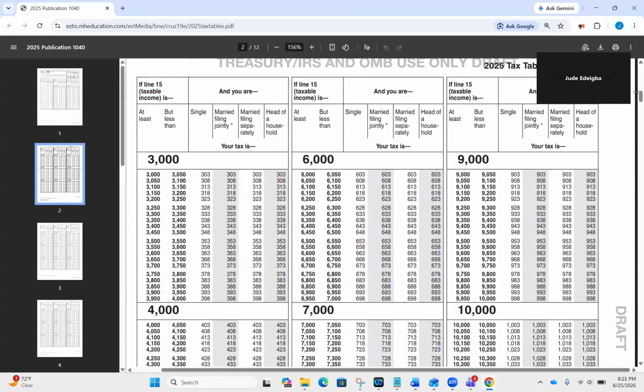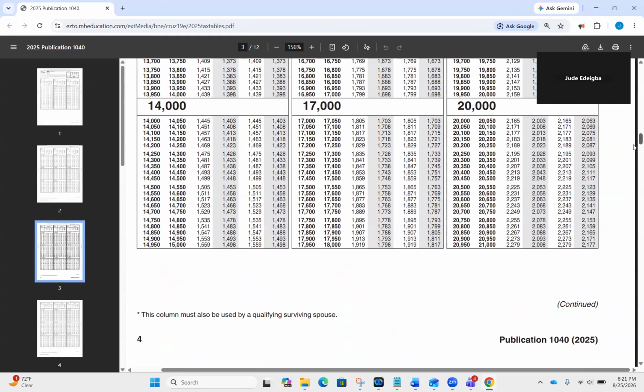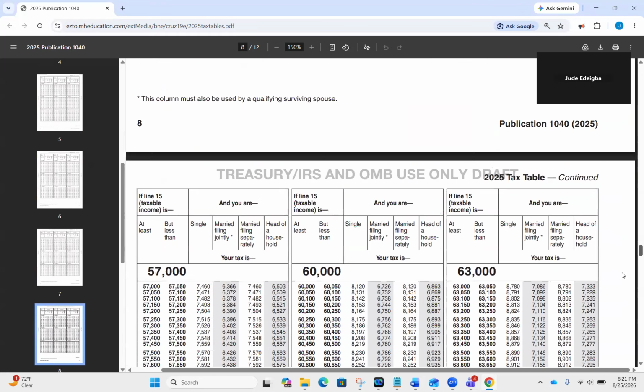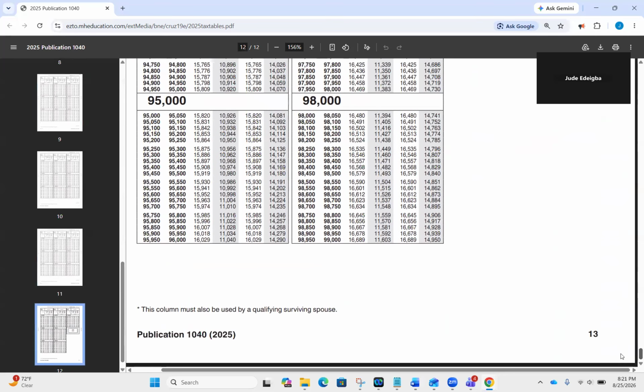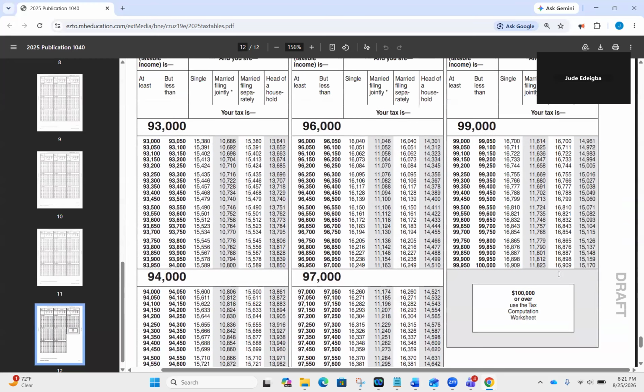And it goes all the way. There's a limit to what you could use this table for. It goes all the way to $100,000. Right here, it goes all the way to $100,000.